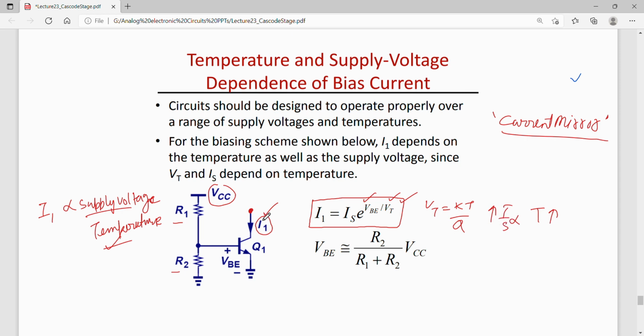So my need is that I want some bias circuit which produces a constant current, and that constant current does not depend upon variations in supply voltage and temperature. If I can design that source of current, then directly I can apply that current source here to bias this transistor.